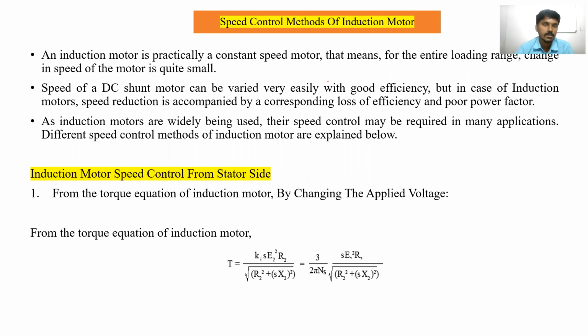Generally we use induction motors where we require constant speed, because for variable speed applications we need to control the power. But it is very difficult to control the power compared with DC motors. That's why generally AC induction motors are used where constant speed is required.